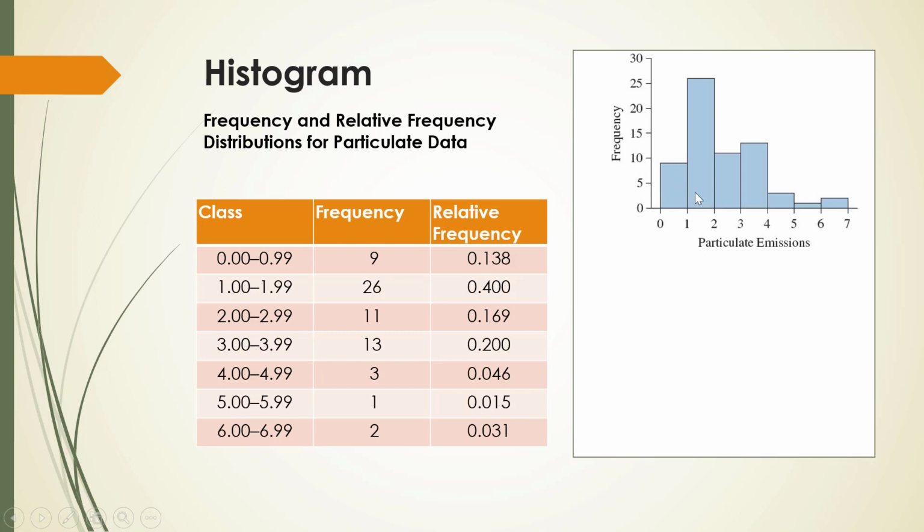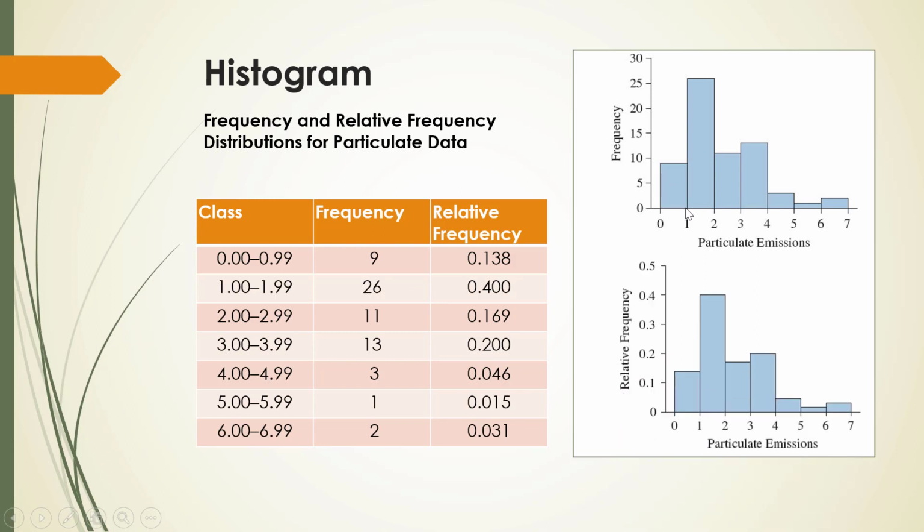Make sure there's no gap between them. So the difference between a histogram and a bar graph is that in a histogram there's no gap between rectangles, and a histogram is applied for quantitative data. So similarly, we are going to construct a relative frequency distribution and a relative frequency histogram for quantitative data.